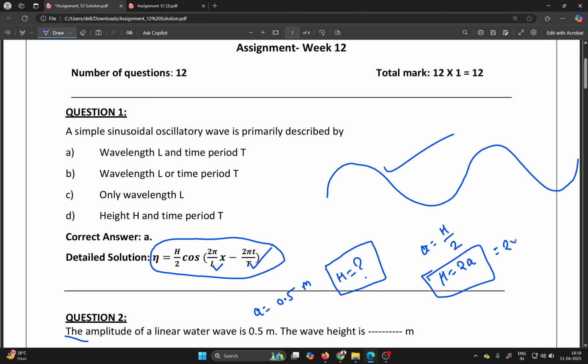So here your answer will be 2 times 0.5, so 1 meter. This will be the final answer for this question.